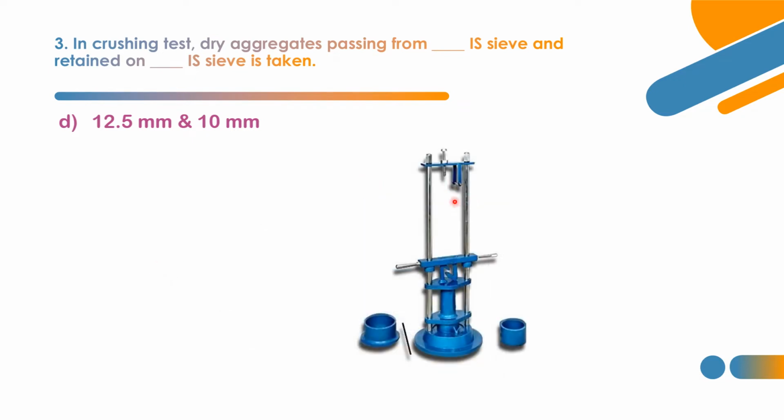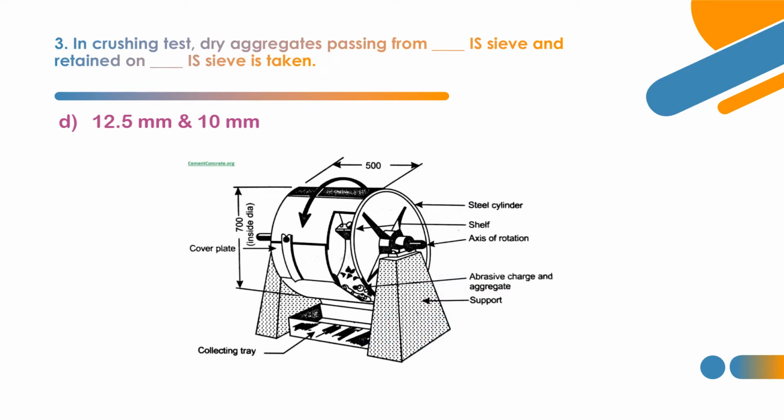Similarly, this is the impact value test, and this is the free fall of around 38 centimeter. 38 centimeter is the free fall in the case of the impact value test. And this is the Los Angeles abrasion test.